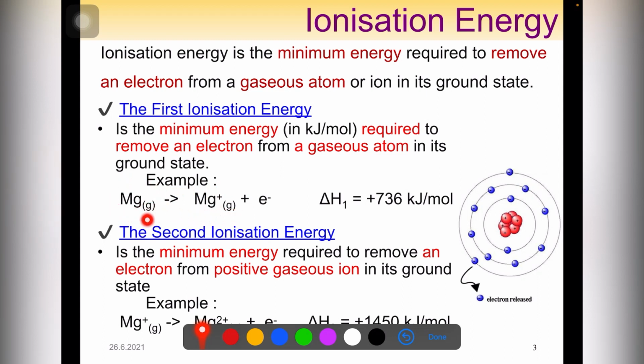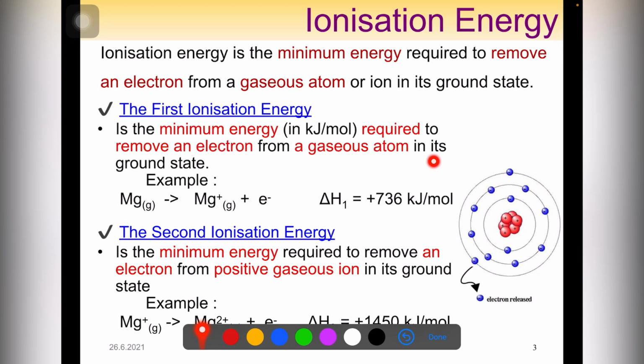Magnesium in gas state, and you must put the phase of the elements, releases an electron and forms Mg plus in the gas phase. So for the first ionization energy, it will remove an electron. This is the energy needed to remove an electron.